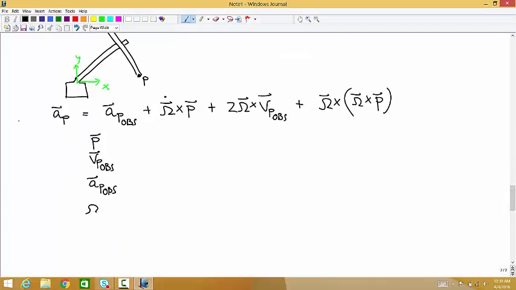And we have to give an expression for the angular velocity of the coordinate system, the angular acceleration of the coordinate system, and that's it. Okay, so take a few minutes, compare answers to each other, talk to each other, and figure out what these 5 values are. Okay, a couple of them you'll have to calculate.